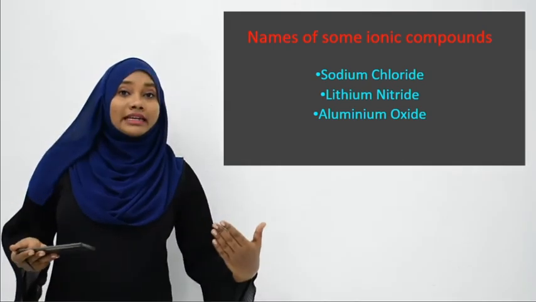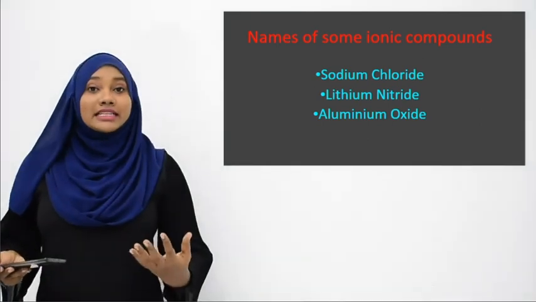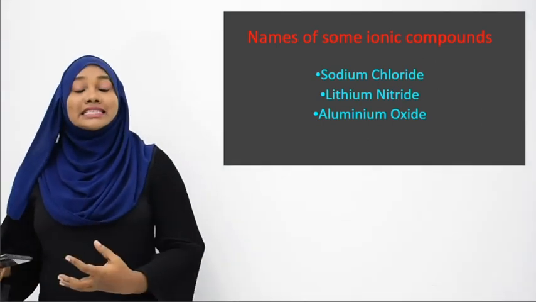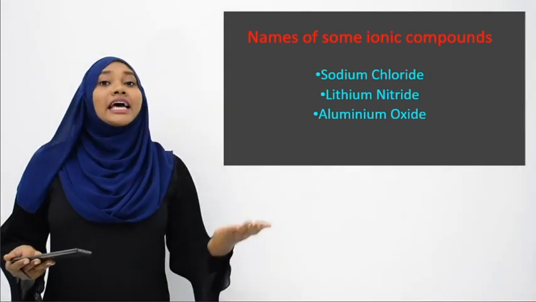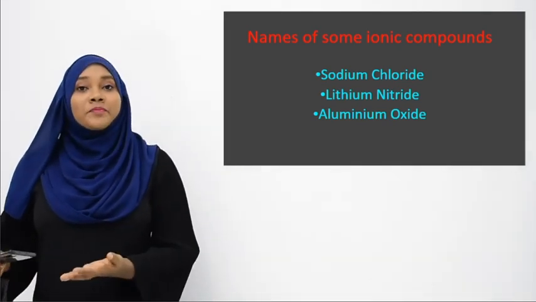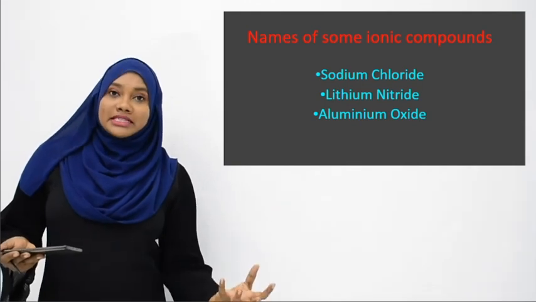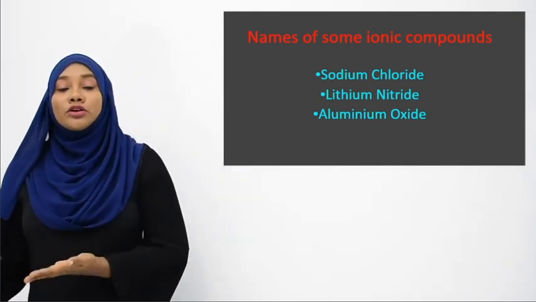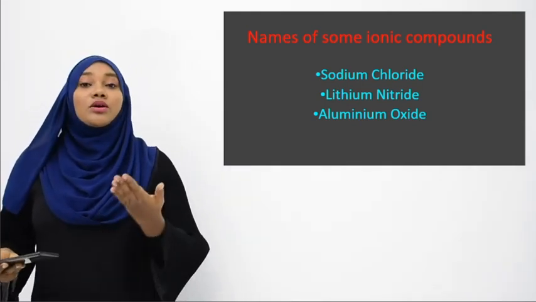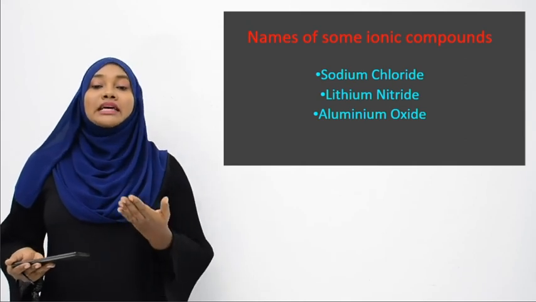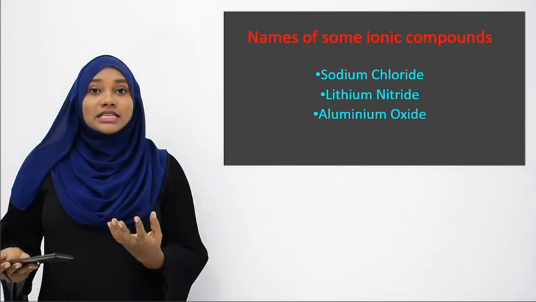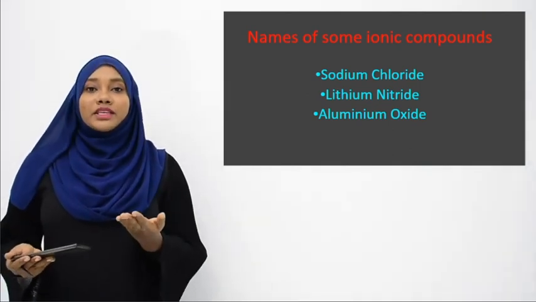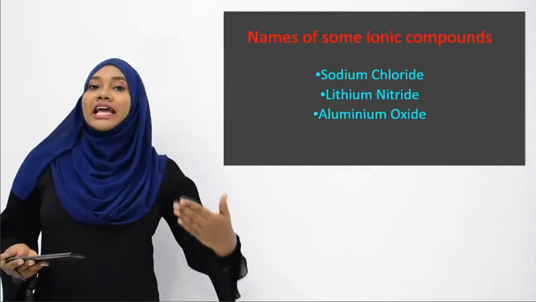Lithium nitride, lithium is a metal, nitrogen is a non-metal. Nitride, it's the ion of nitrogen, right? Aluminium oxide, aluminium is a metal, oxide is the ion of oxygen, it's a non-metal. So in an ionic compound, it would have a metal and a non-metal combined. So I hope you will know how to define ionic bond now.